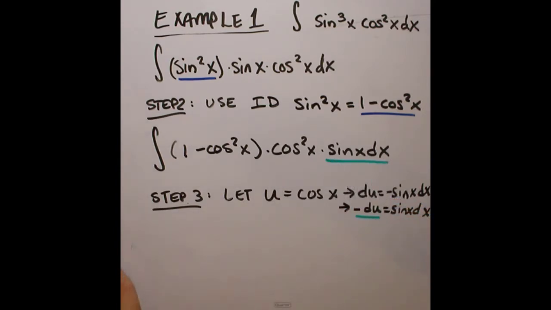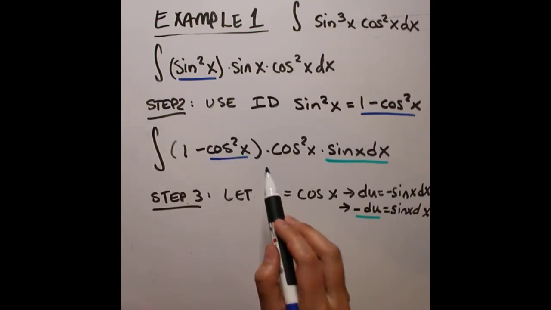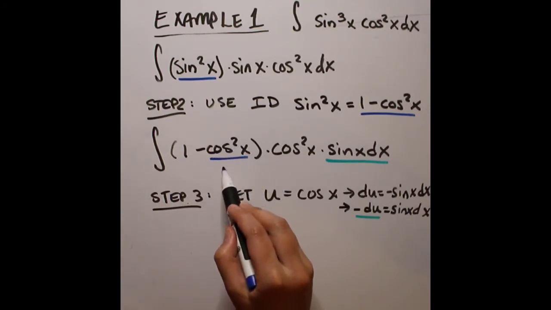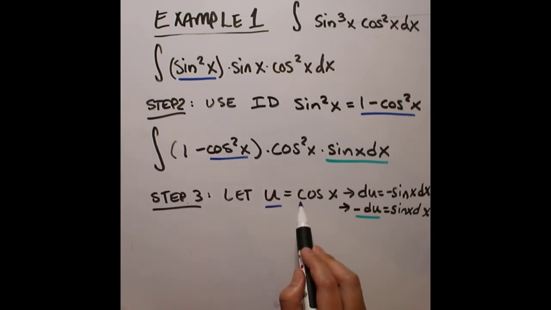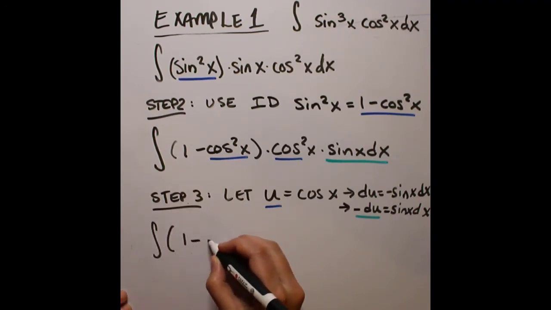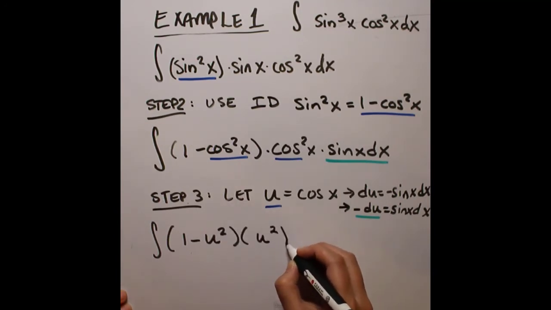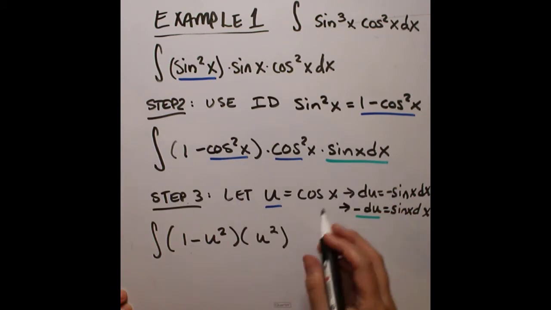And then everywhere we have a cosine squared, or cosine x, we're going to square it up here. That's the u part, okay? So that's what we have for u. And then let's go ahead and put that all together. This is 1 minus u squared, since u is cosine x, times u squared, right here, times negative du.